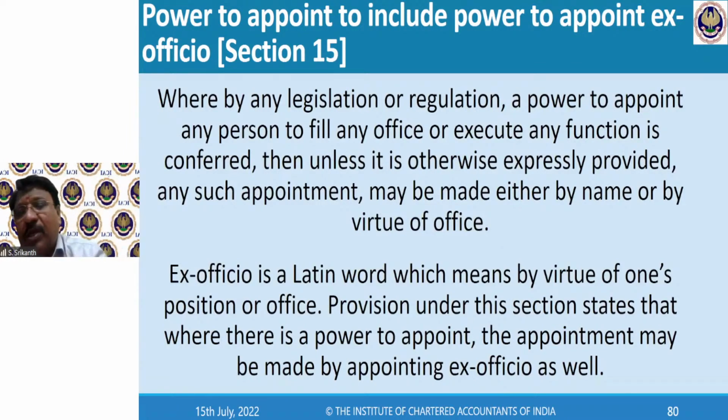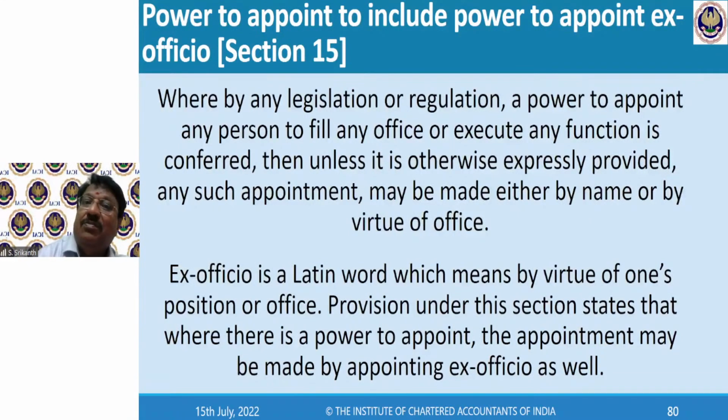For example, suppose there is a consumer protection complaint disposal committee, not the consumer protection council. That's a different body. There are small disputes related to consumers, where spurious goods or low quality food is being sold by hotels. There will be a committee which will listen, consisting of NGO representatives.